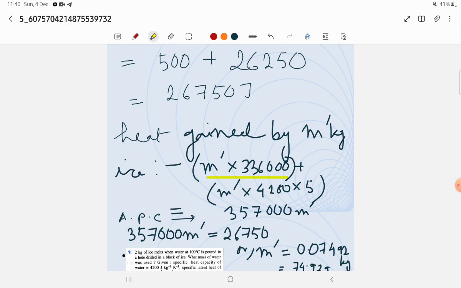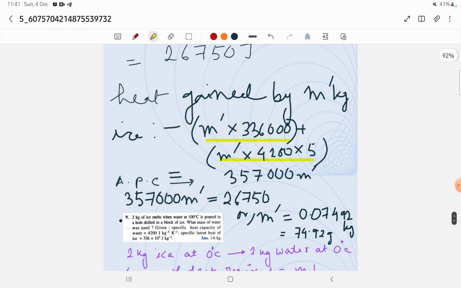This is the amount of heat energy required to convert 0 degree Celsius ice to 0 degree Celsius water, so this is the specific latent heat of fusion in joule per kg, plus this is mcΔT. Take the specific heat capacity of water, because 0 degree Celsius ice has now converted to 0 degree Celsius water.